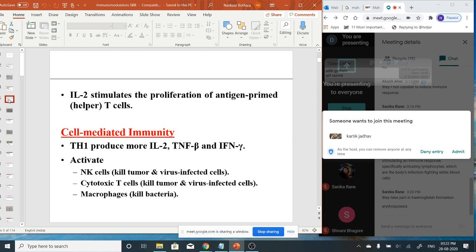They will kill tumor and virus infected cells, cytotoxic T cells. Macrophages can kill bacteria. So these are a variety of cells. They will cause engulfment of the cells, and because of that these cells will be destroyed, so that now new material can be built. For that, these mechanisms are there.